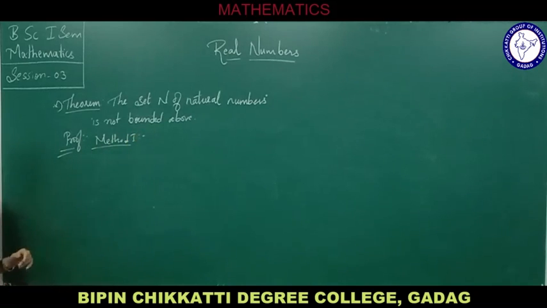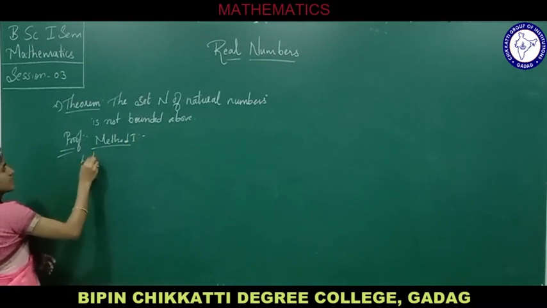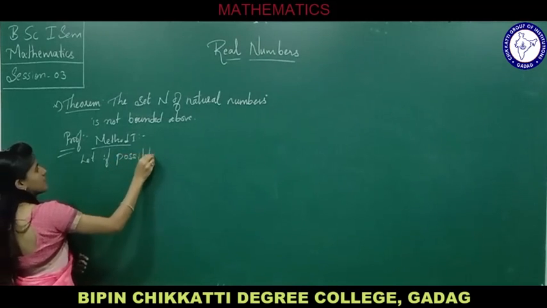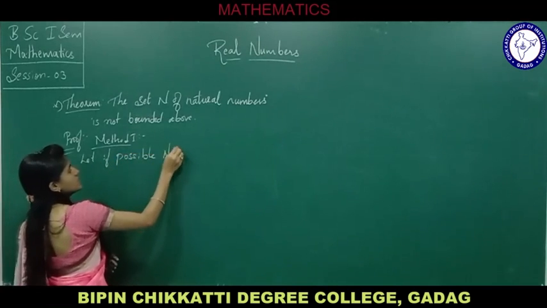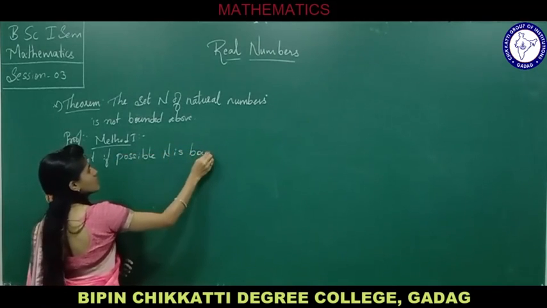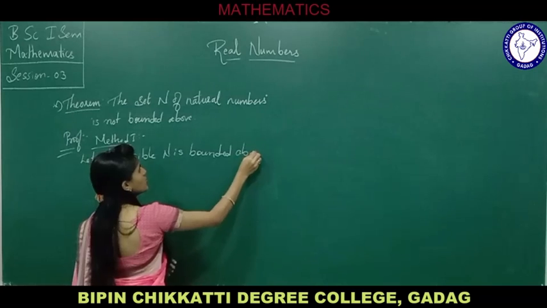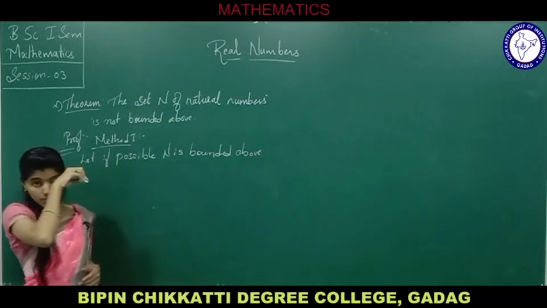Let us consider, if possible, N is bounded above. Then according to the definition, what do you mean by bounded above?